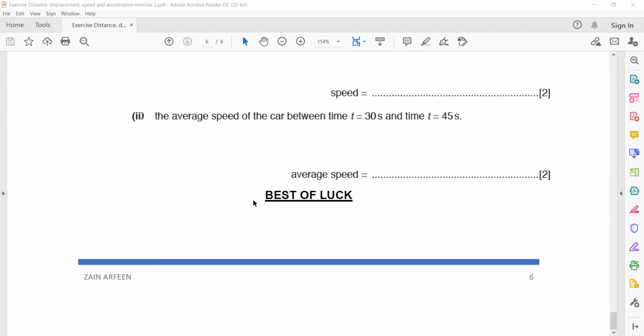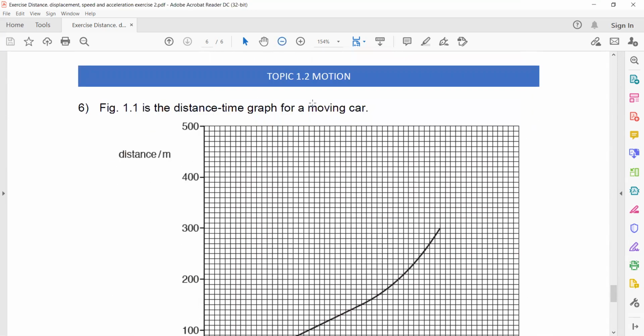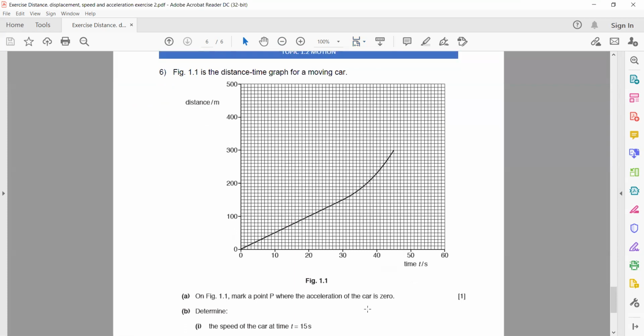And in question 6, figure 1.1 is a distance-time graph for a moving car. On the figure, mark a point where acceleration is 0, when the object is moving at a constant speed. The black part is representing a constant speed, and this part is representing speed is increasing.